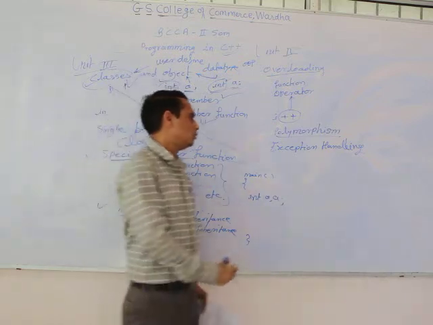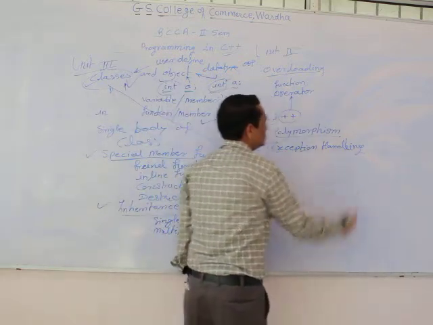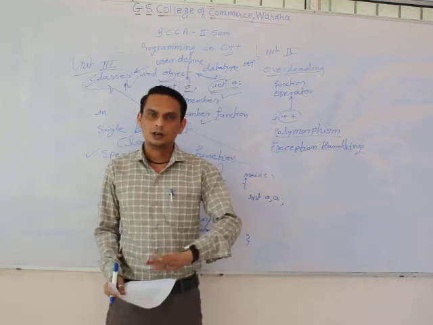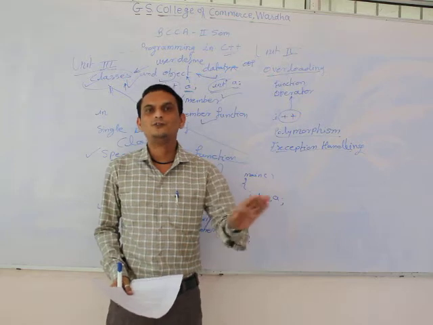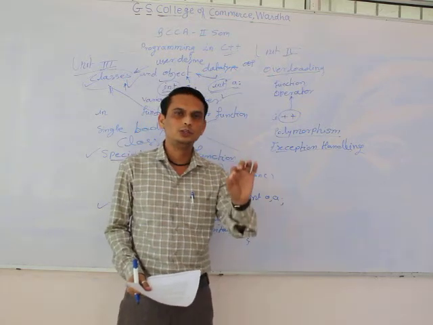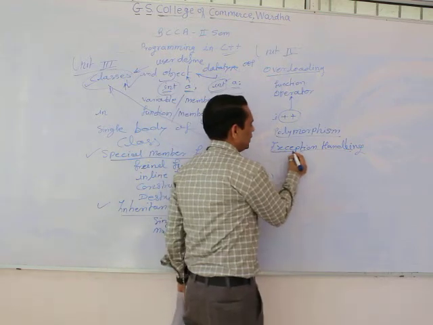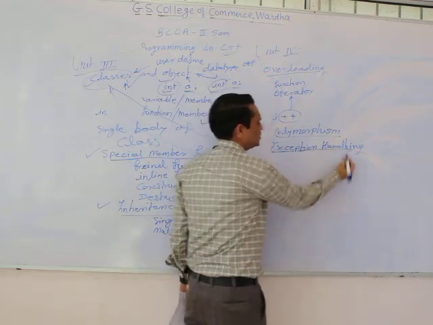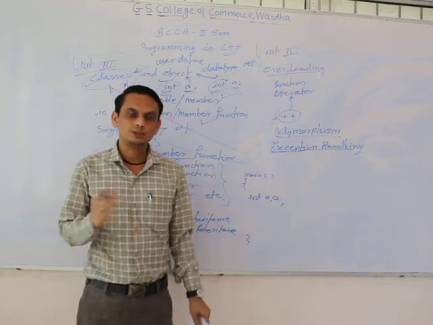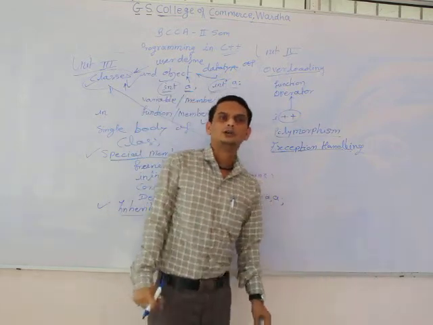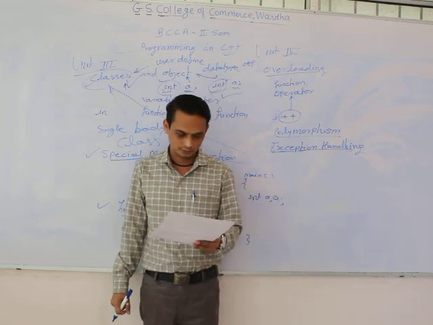When some errors occur in the program, we convert that flow of the program from one place to another, and that is executed by exception handling. Some exceptional value can be attached to our execution.